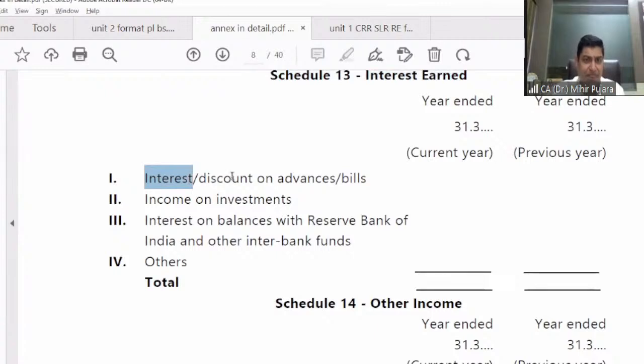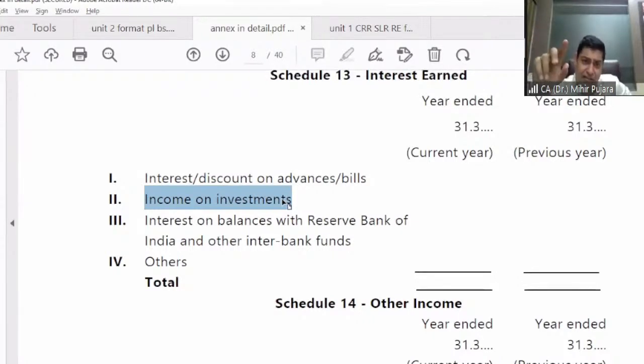Interest on advances and bills. First, interest from RBI and other banks. Second, discount. Third, and income from investment is 4. Please write, guys. 4 amounts are there in 13.